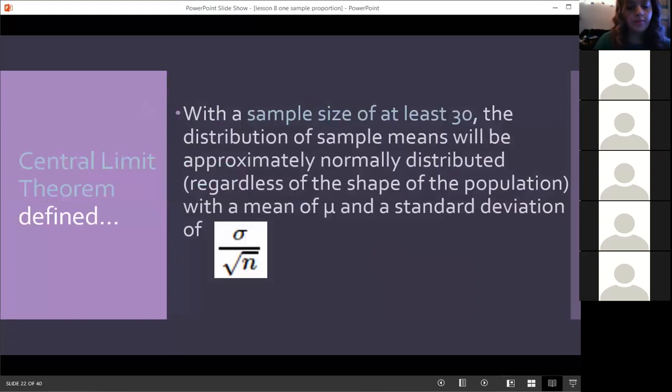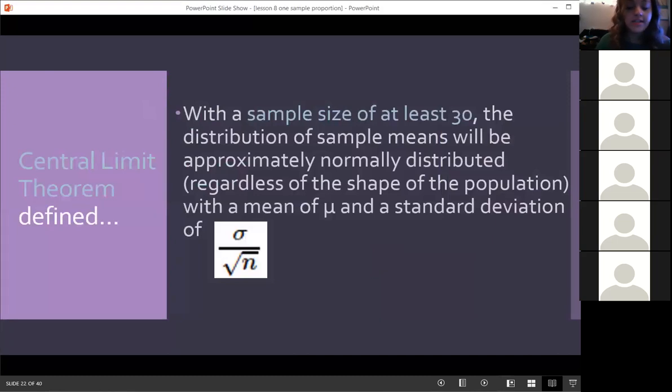Remember, with our rule of sample proportions, we had to have those conditions met with successes and failures being at least 10. In this case, for means, our sample size has to be at least 30. If it is at least 30, that's the criteria we're trying to meet, then it's going to be approximately normally distributed. We can assume that.